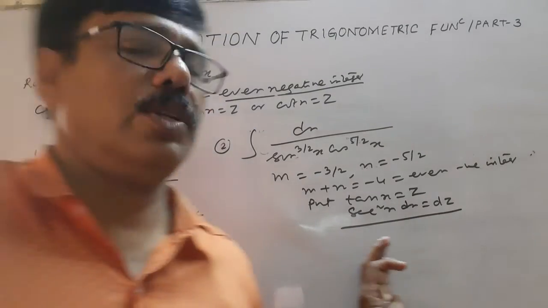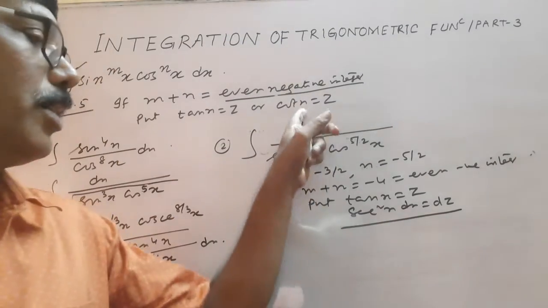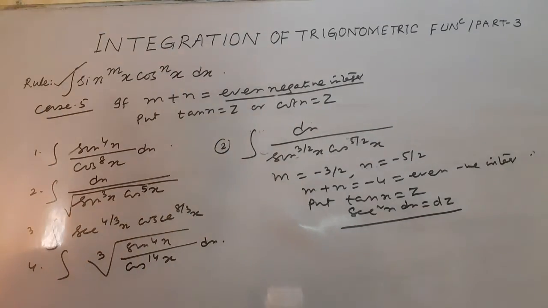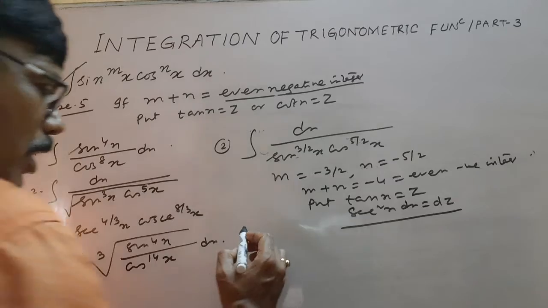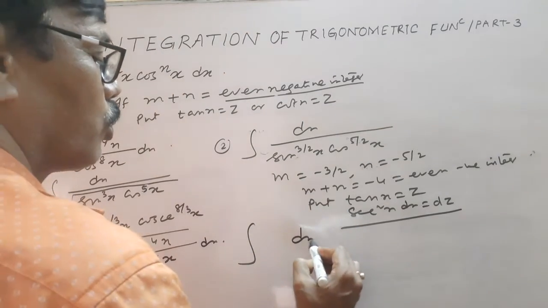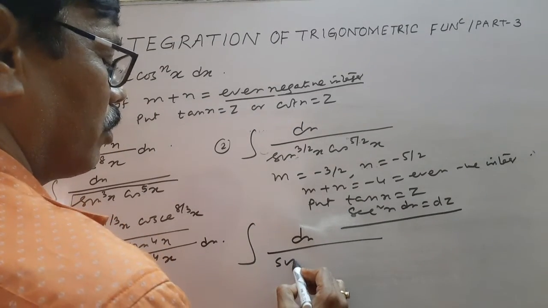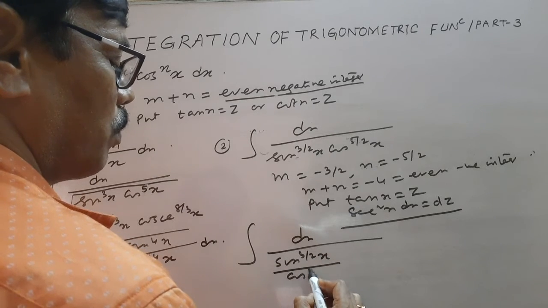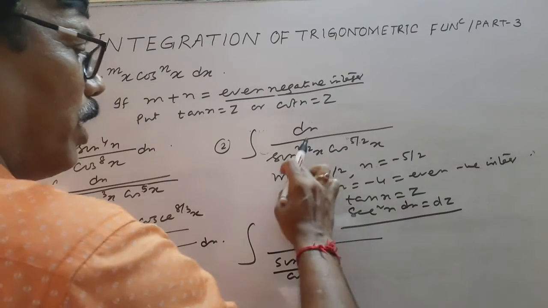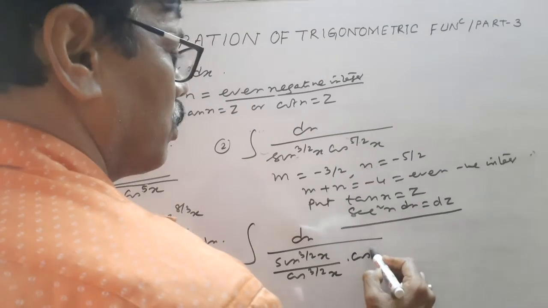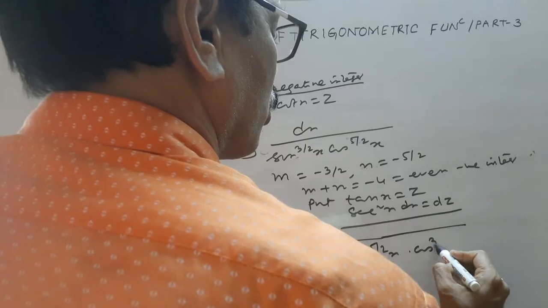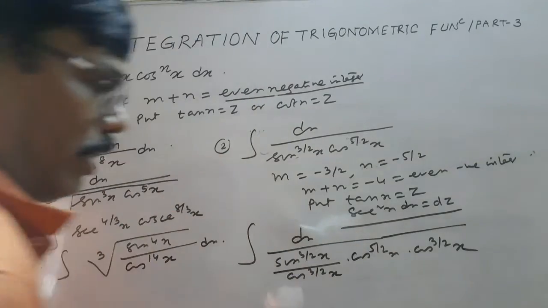So the condition is fulfilled, and tan x equals z. Now this is not given in tan form, so to make it tan, we take sin to the power 3 by 2 x, cos to the power 3 by 2 x. To make it tan, we take cos to the power 5 by 2 x, and the balancing factor is cos to the power 3 by 2 x.